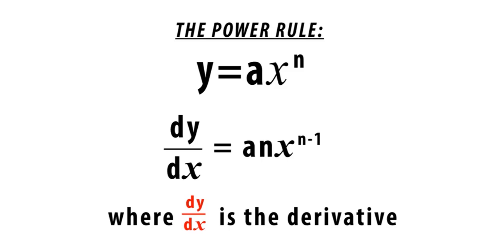So to find the gradient at any point, we only have to substitute the x value into dy/dx, and that will give us the gradient. I want us to take an example.